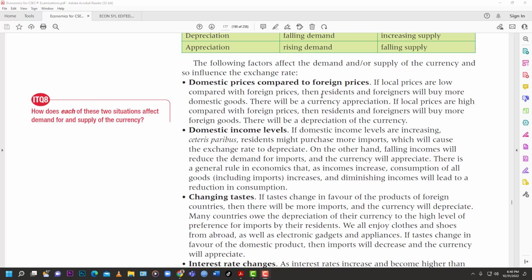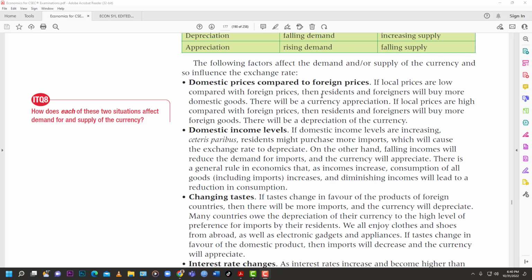If domestic prices are cheaper than foreign, then you would want to buy local. But if it's more expensive, then you might want to go foreign and buy the cheaper stuff, because there are some things that even when you import them, pay duty, pay customs, the price still can't reach the level of some of the local products.